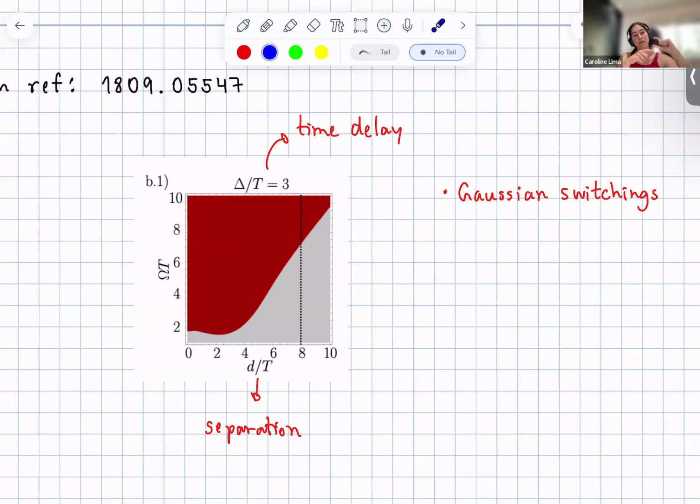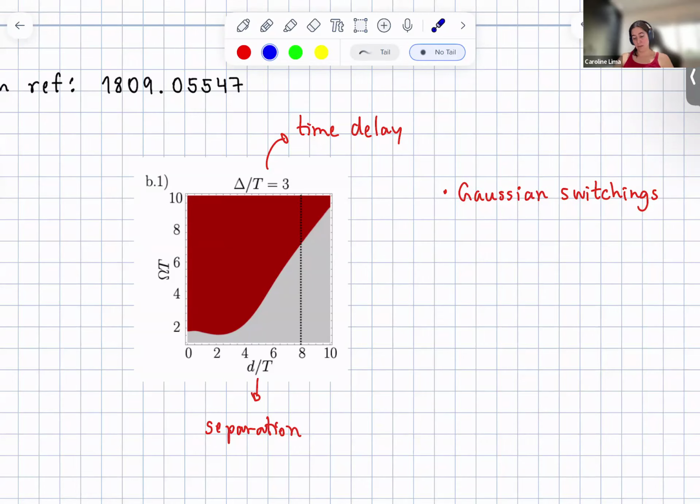It's much easier to excite the detector, so the local noise is going to be big enough that it's going to kill the negativity. The m term cannot compete with this LAA. Maybe I should say that the white part has no entanglement, and the red one is the part that has entanglement.